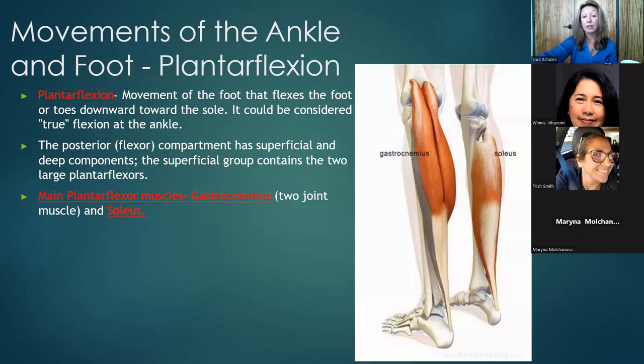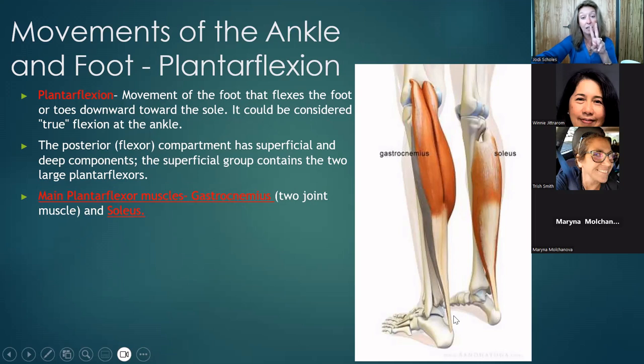It's worth mentioning that the gastroc goes over 2 joints. It's the only muscle in the body that goes over 2 joints, the gastroc. This big heart-shaped muscle, right? It's a 2-joint muscle. You'll see here it attaches behind the knee to the distal end of the femur, and it tracks down, crosses over the ankle joint, becomes part of that soleus, part of that Achilles tendon, and attaches here at the calcaneus.